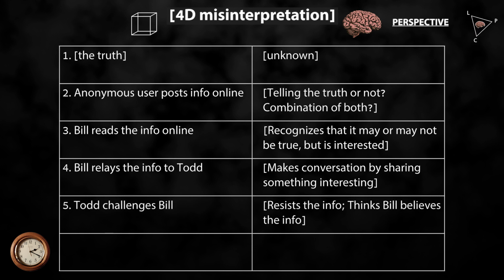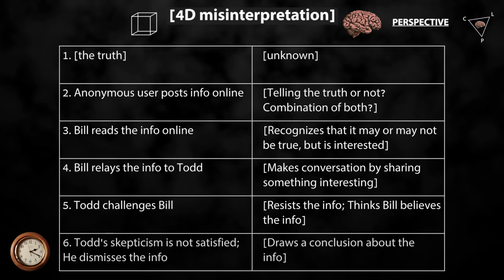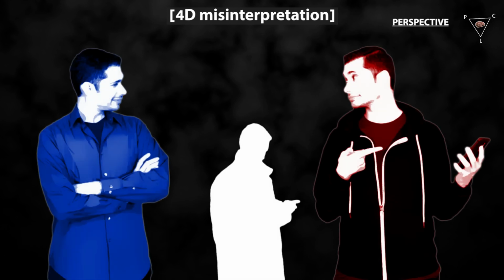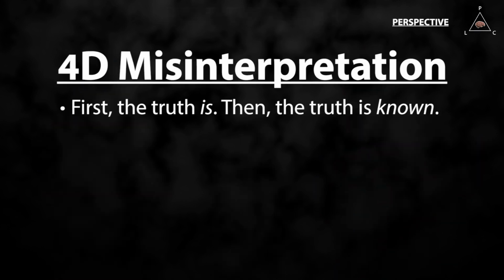If the information is untrue, once again, it was untrue from the beginning, before Bill saw it. So the fact that Bill could not provide supporting evidence to Todd has no bearing on whether or not it's true. The conversation after the fact between Bill and Todd does not determine anything but itself. First, the truth is. Then, the truth is known.